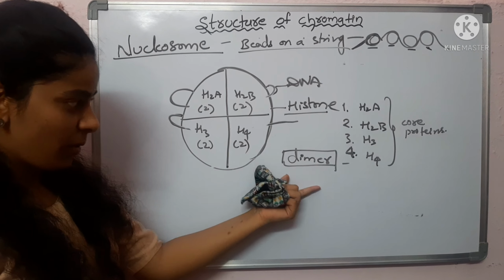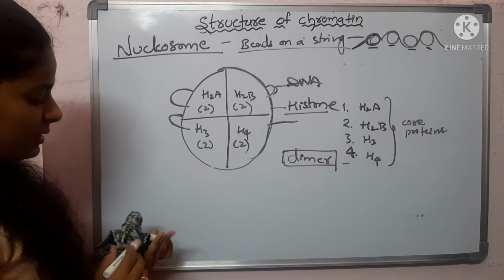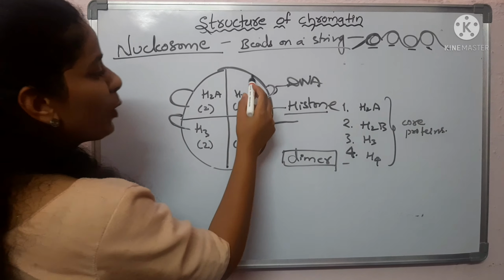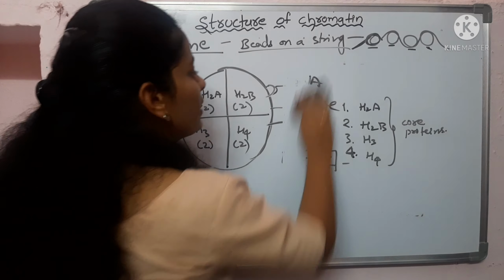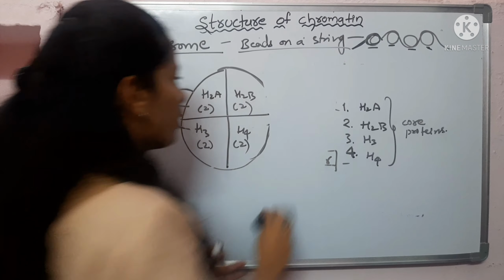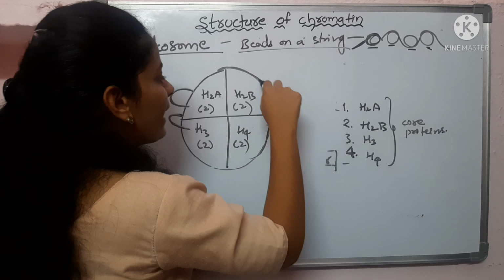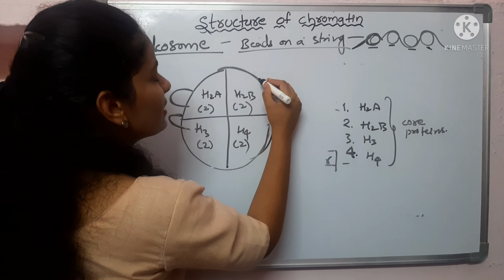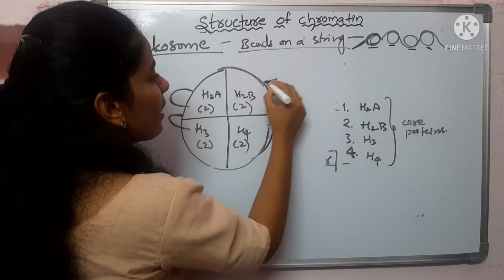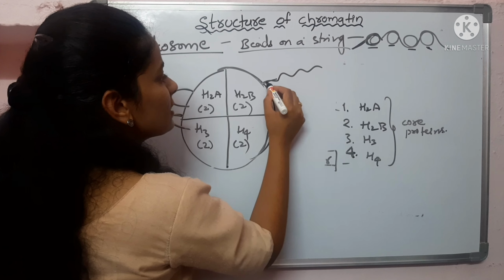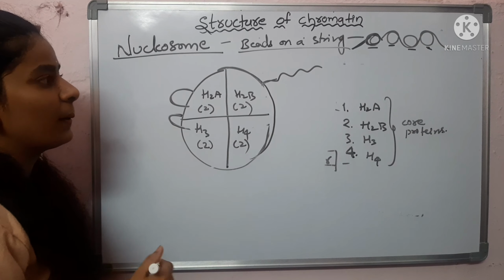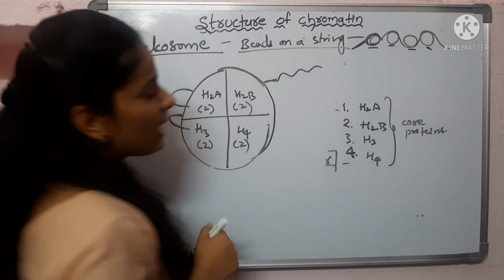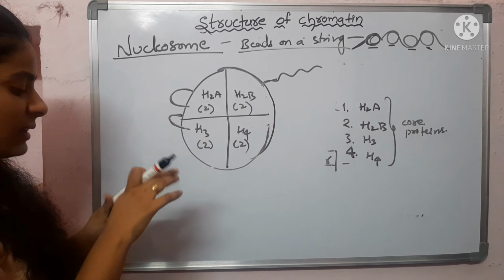So on these proteins, proteins are nothing but amino acids. On these proteins we have tails of amino acids. Here we have lysine and arginine. So as we all know, proteins are nothing but amino acids.